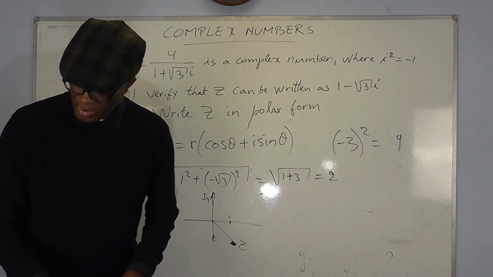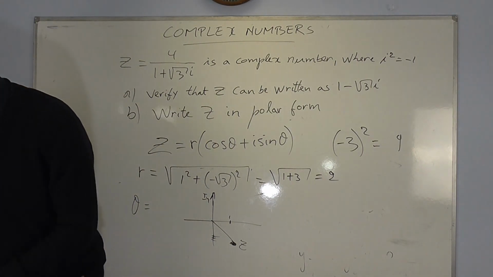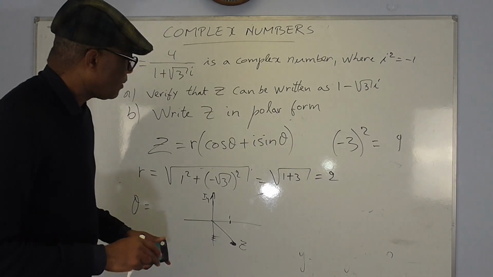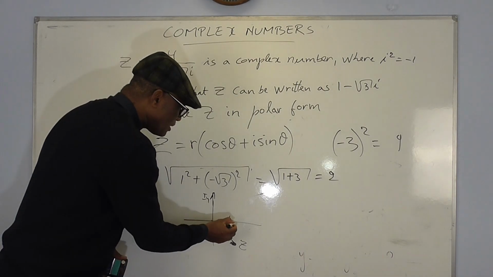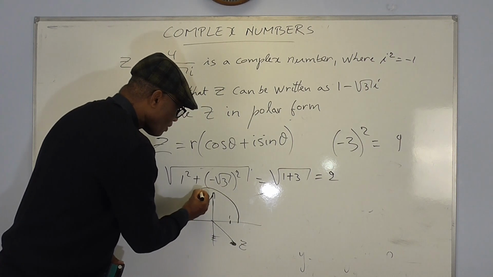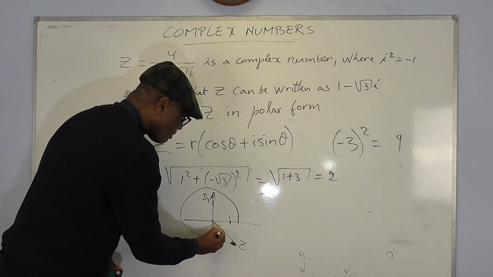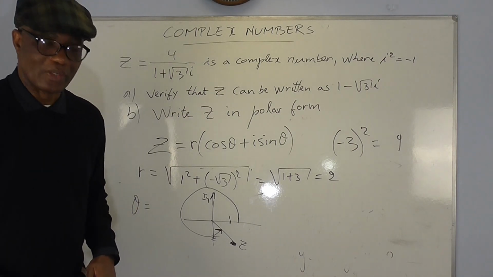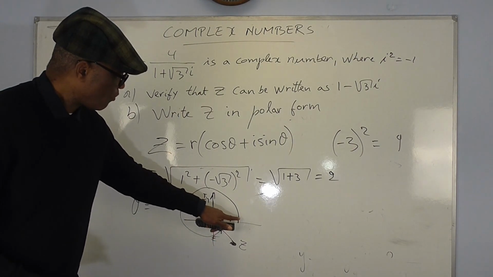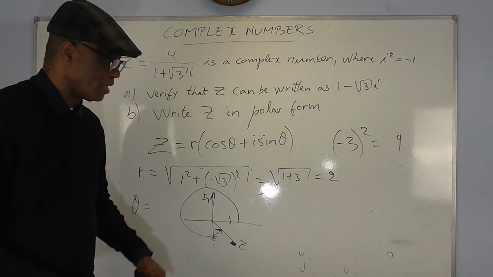And then we need to get the angle, we need to get this angle. This angle will be our argument, so when you go from here, round up to there.